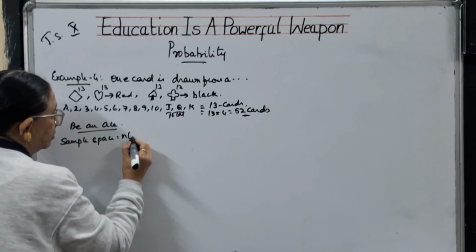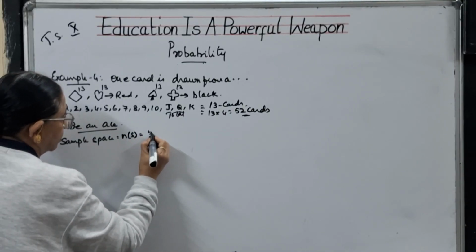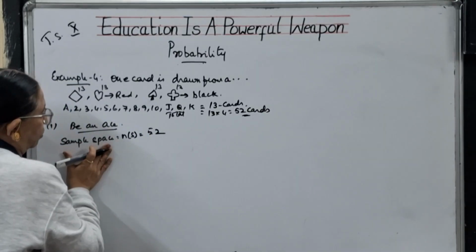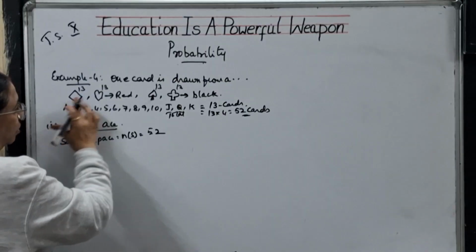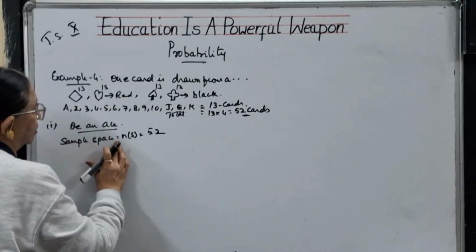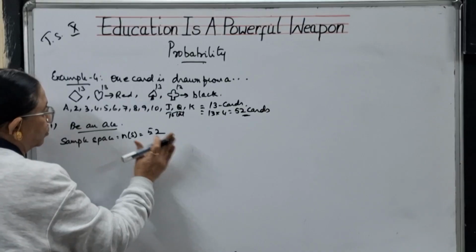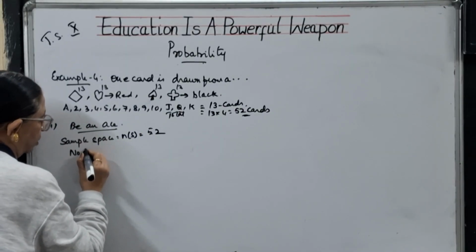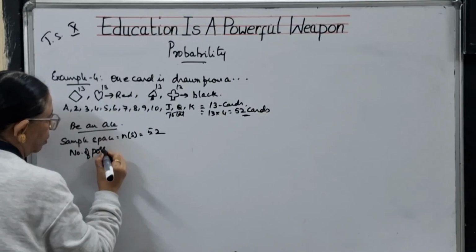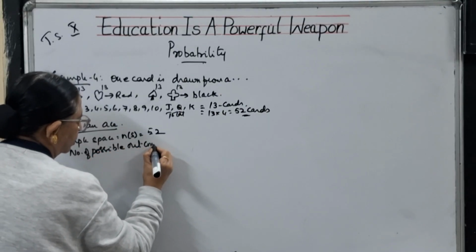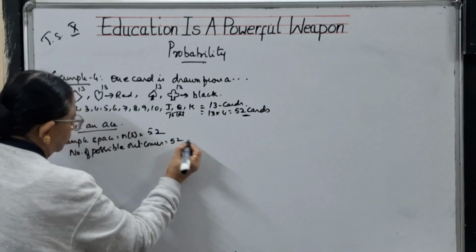That means n of S is 52. I have already explained to you, children, that the sample space contains 52 cards. So the number of possible outcomes is equal to 52.